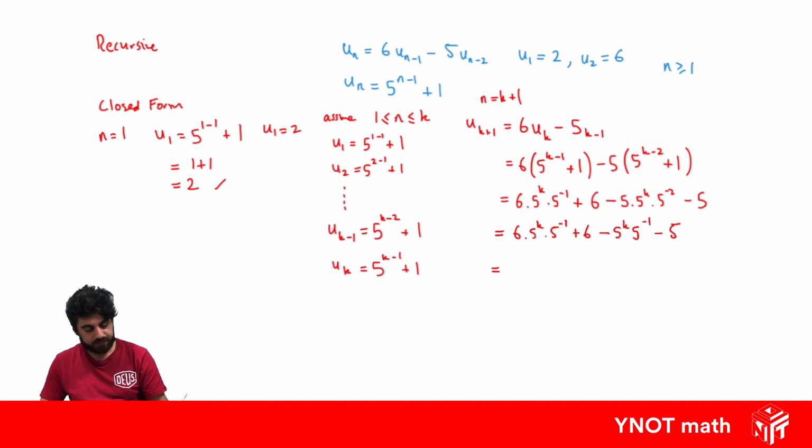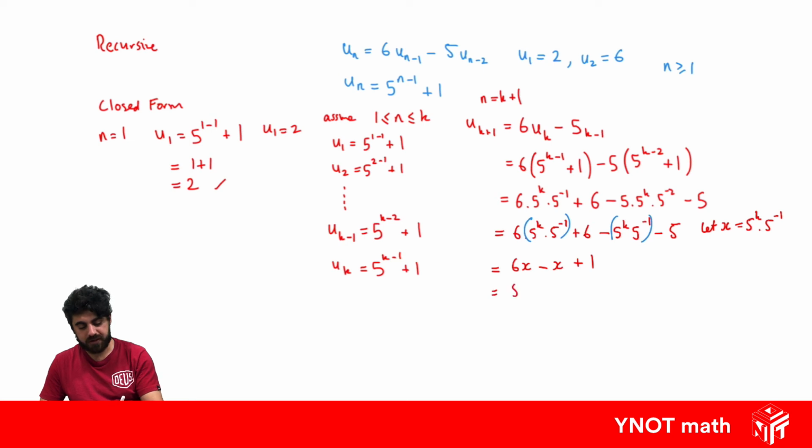What we can do is let x equal 5^k times 5^(-1), just so we can see things a little clearer. So that is happening here and here. So this is going to give us 6x minus x, and then 6 minus 5 is just 1.